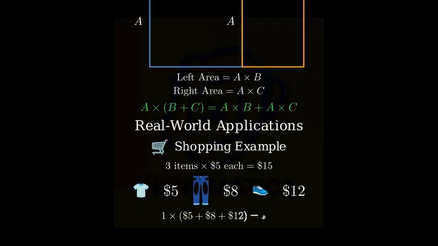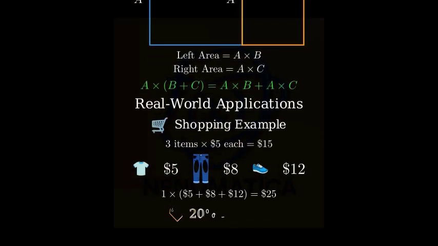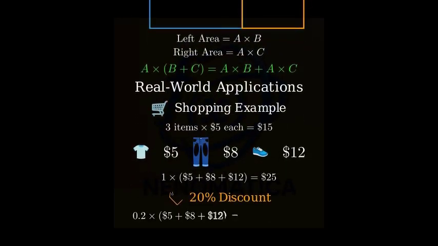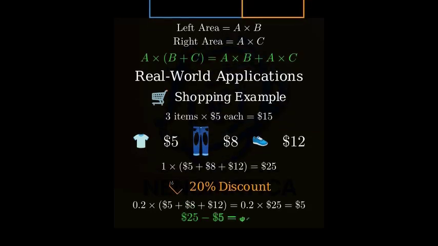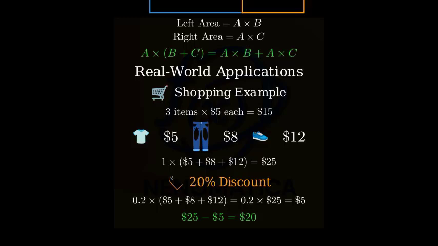Using the distributive property, you can calculate the total as 1 times the sum of 5 plus 8 plus 12, which equals $25. Now imagine there's a 20% discount on all items. Using the distributive property, you can calculate the discount as 0.2 times the quantity 5 plus 8 plus 12, which equals $5. Therefore, the final price would be 25 minus 5, which equals $20.